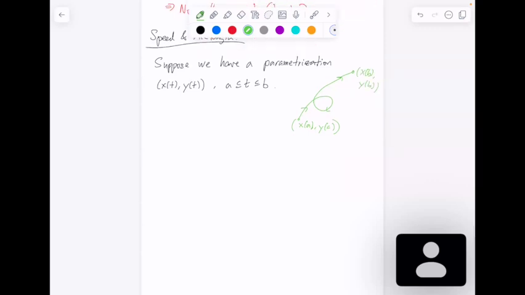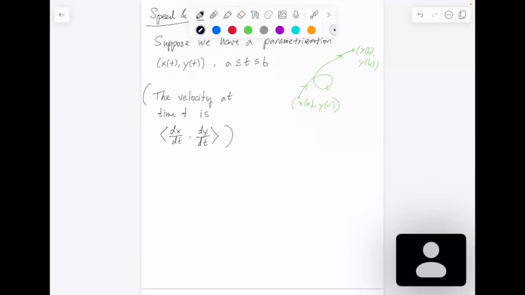Then there's a way for us to associate the speed of this particle. The velocity at time t is written dx/dt, dy/dt. I'll put these in brackets for now because we're going to cover velocity in more depth later. If you've taken physics before, then you know velocity tells you the speed at which you're moving and also the direction that you're moving. And if you've seen some vectors before, then this is a vector in 2 dimensions.